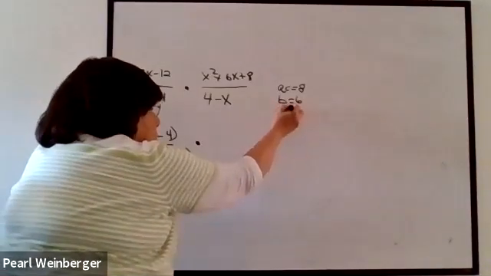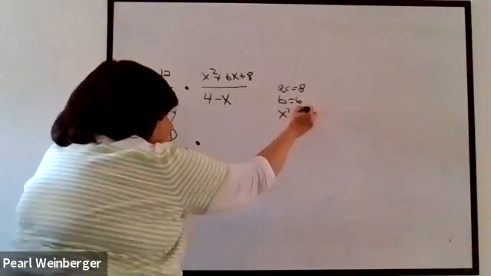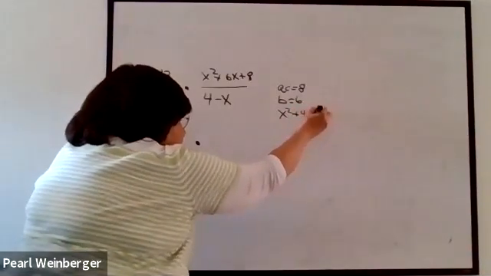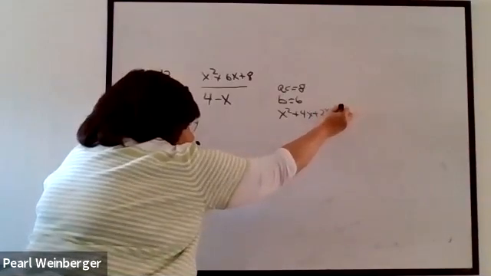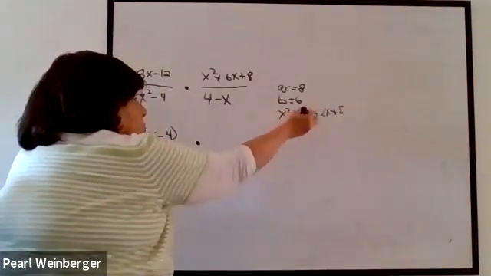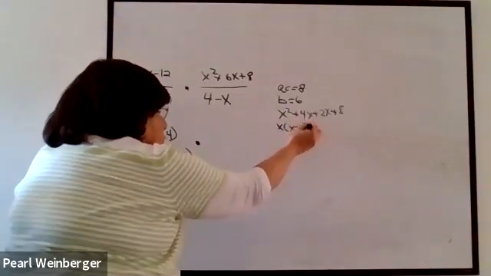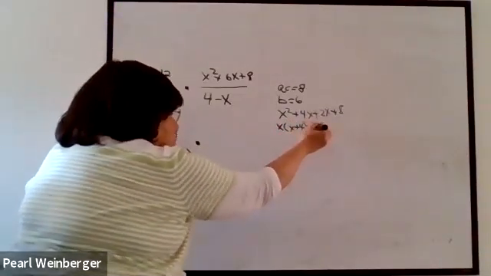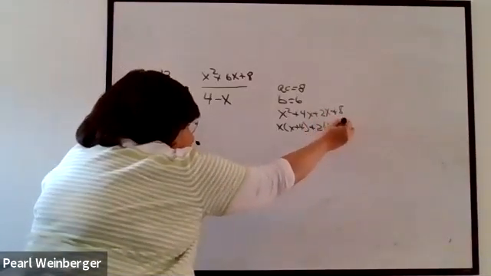In other words, we're going to write x squared plus 6x plus 8 as x squared plus 4x plus 2x plus 8. And my common factor in the first group is x, so we have x times x plus 4. And in my second group, the common factor is 2, and we have the x plus 4.